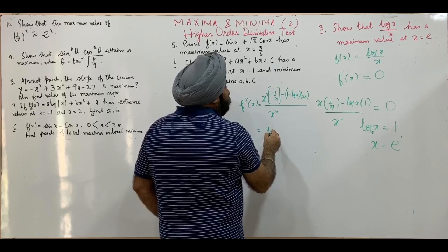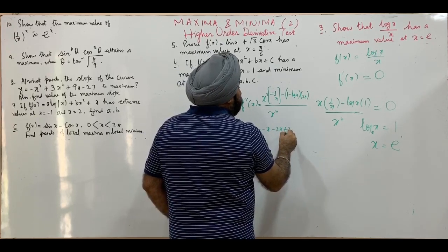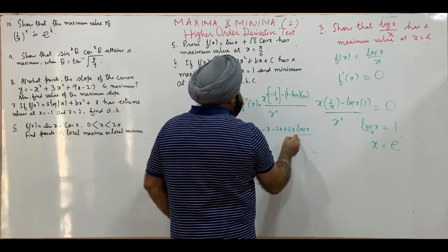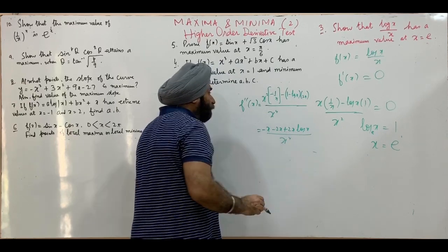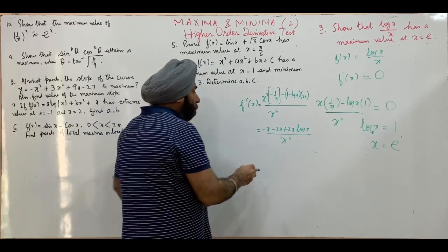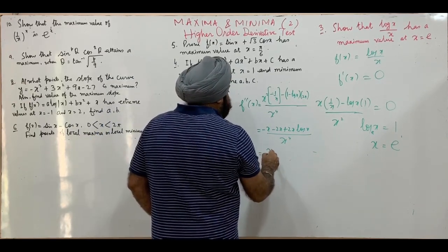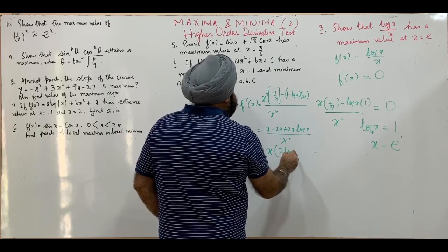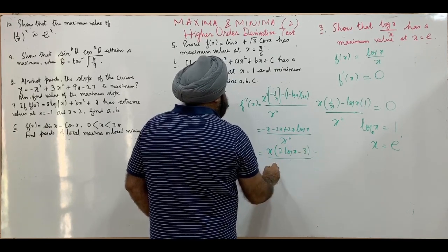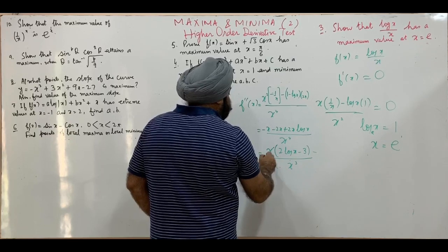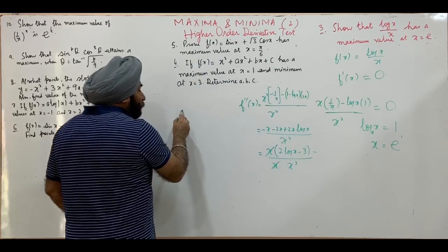This is minus x minus 2x plus 2x into log of x, upon x raised to power 4. This is the second order derivative. We take x common, it's 2 log of x minus 3 upon x cube. x will cancel out.